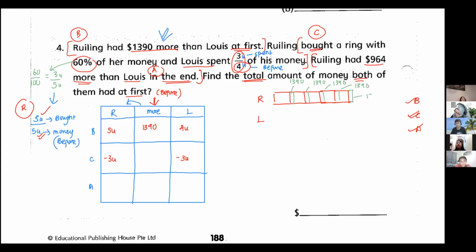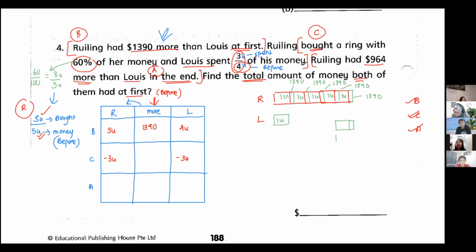Can you see? So how many times of 1390 do you see? It tags along. The 1390 tags along with the 1 unit. 1 unit, 1 unit, 1 unit, 1 unit. Every 1 unit of Ruiling, there will be 1390. That's what I'm trying to say. Okay, so for this Ruiling, every time that 1 unit comes into the picture, she will have 1390 more, which means Louis is only just a plain 1 unit. Can you see or not? This is what I'm trying to say.